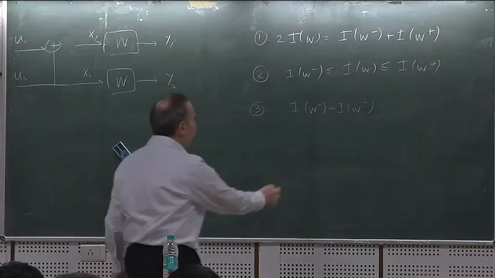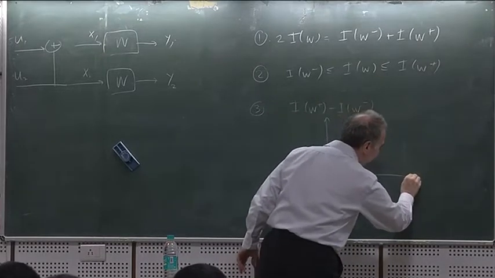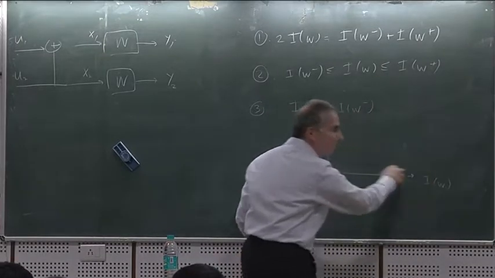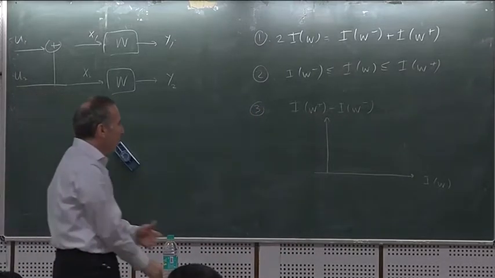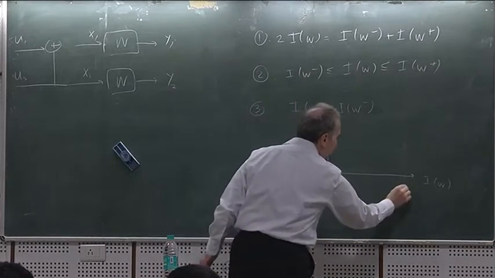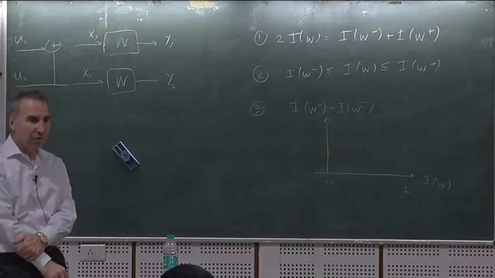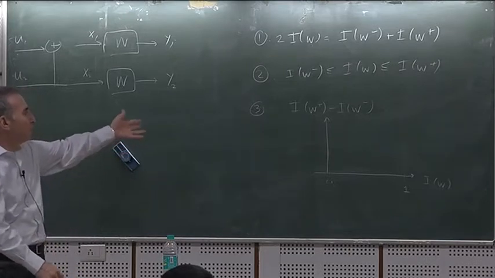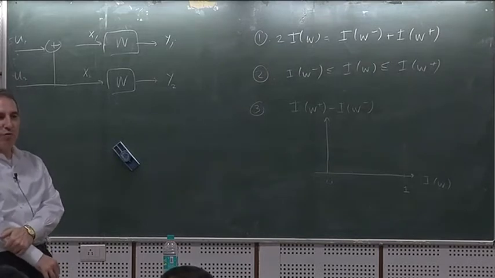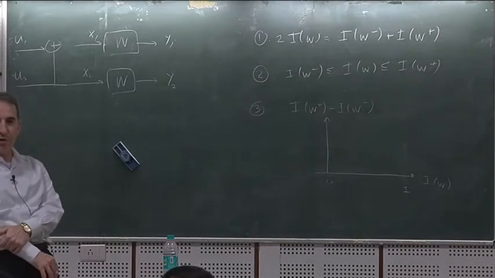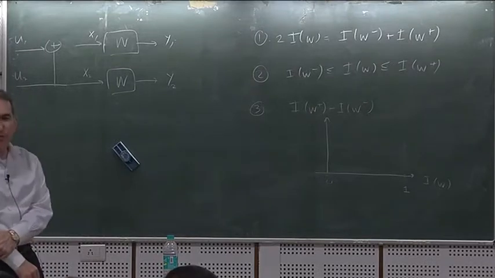Okay, and I want to take a look at this thing vis-a-vis the mutual information of the original channel. So this is a number between 0 and 1, the original mutual information. And the question is what this difference between the two mutual informations of the synthetic channels might be.